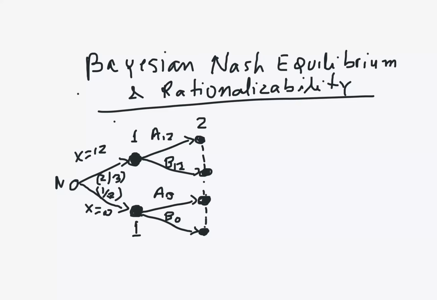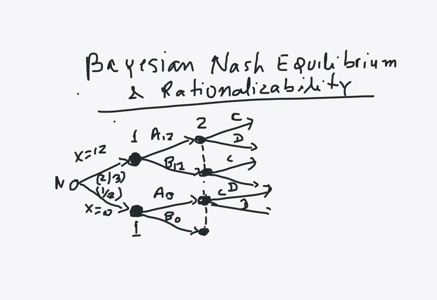And then player two has two strategies to play the game, C or D. C and D here, and then C and D here, and again C and D.